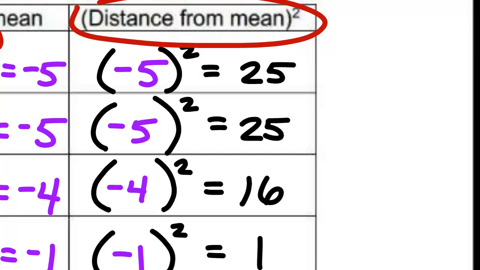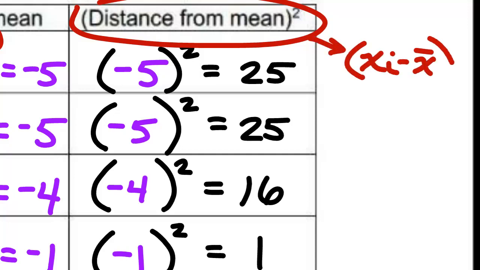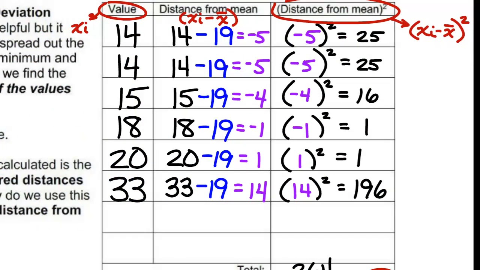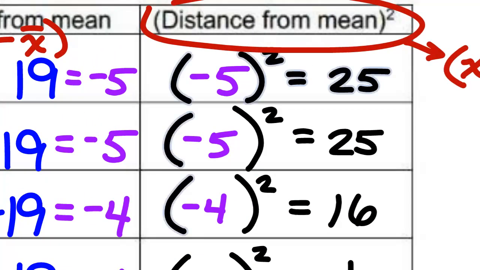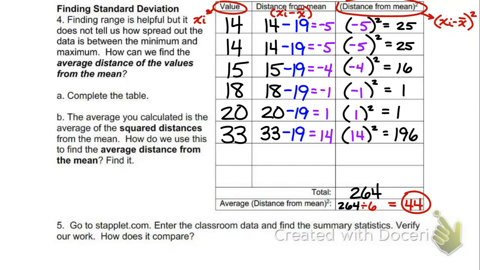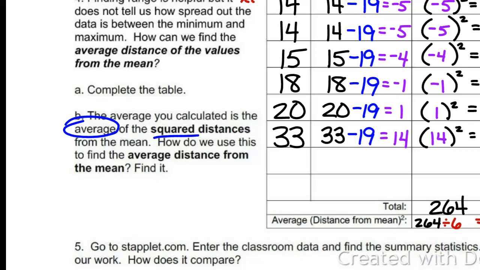So distance from mean squared, I have xi minus x bar squared. This is the standard notation that gets used for this. All right. So that average we just found is the squared distances from the mean.